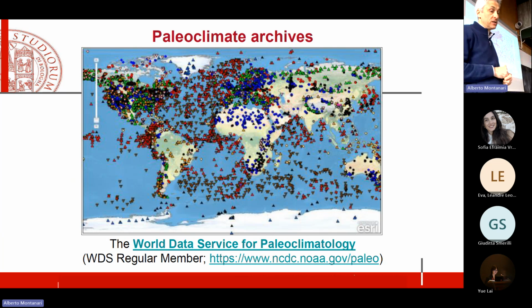It is indeed interesting, and as you see, the distribution of the locations of paleoclimatic archives is very dense. I mean, it's not very dense because we are talking about the whole surface of Earth, but still there is a lot of information available, and information is continuously increasing.